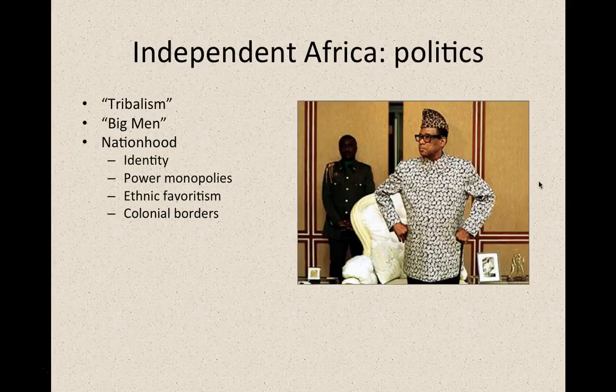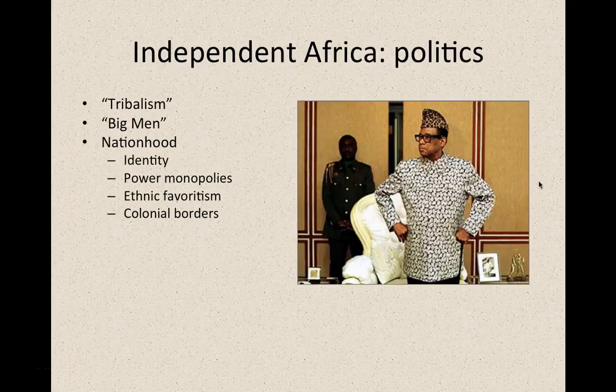That was a long, protracted battle, and really the problem there was that the people who lived in the southern part of the British colony of Sudan had nothing in common with the people who lived in the northern part. They were not Muslim. They didn't share any kind of ethnicity or linguistic commonality or anything like that, and yet the colonial boundaries had included all these people. Well, those colonial boundaries, ironically, died very hard in Africa in the post-colonial situation.